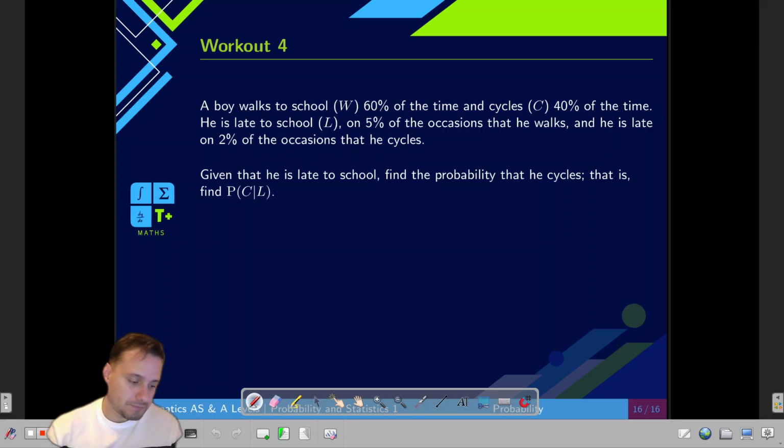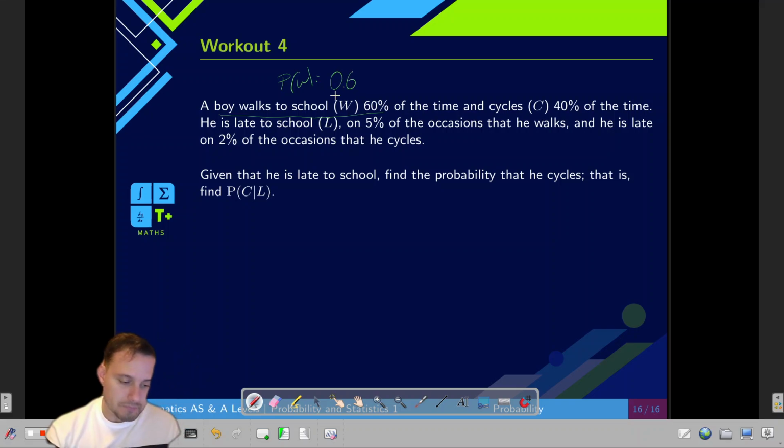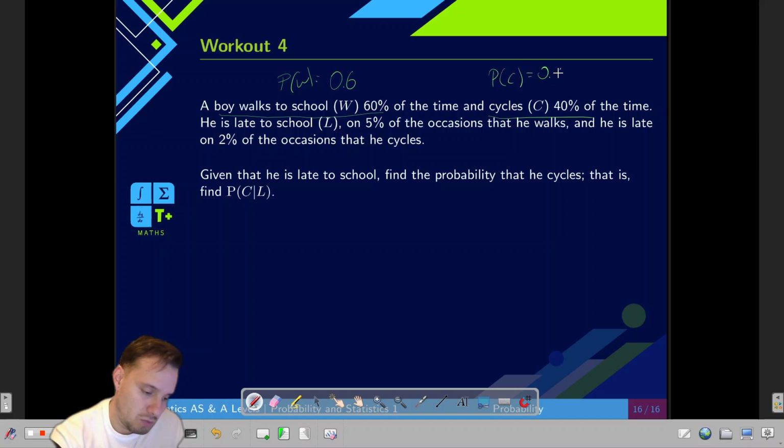We have a boy that walks to school 60% of the time. This means that the probability that the boy is walking is 0.6. And then he cycles the remaining 40% of the time. Let's say the probability of C is 0.4.